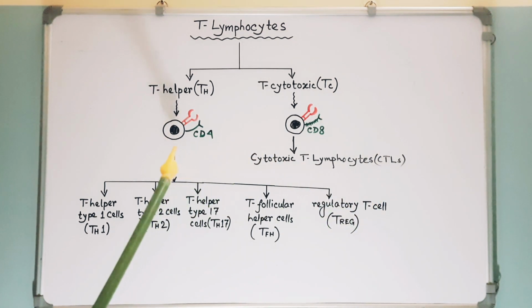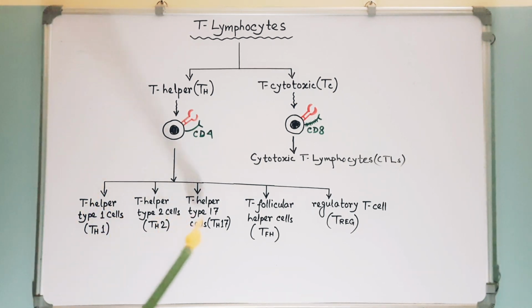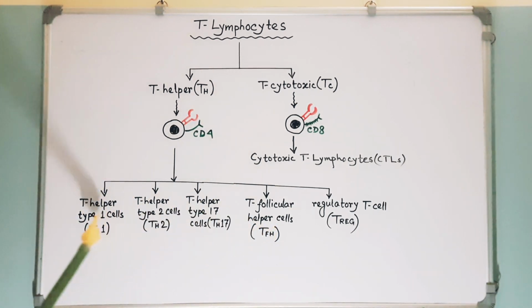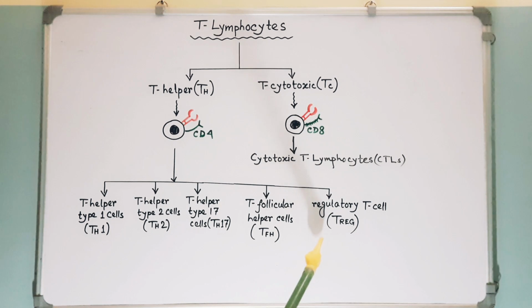T helper or Th cells can differentiate into a variety of effector T cell subsets: T helper type 1 cells or Th1, T helper type 2 cells or Th2, T helper type 17 cells or Th17, T follicular helper cells or TFH, regulatory T cell or Treg, etc.